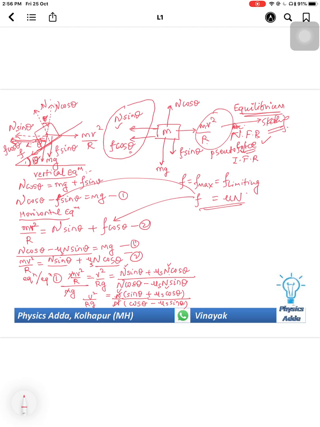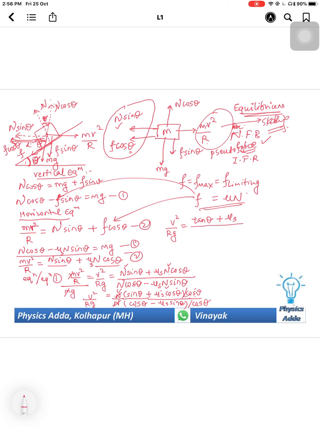If I am dividing both numerator and denominator by cos theta, what I'll be getting? v square by rg is equal to sin theta divided by cos theta, which is tan theta, plus mu s cos theta divided by cos theta, cos theta gets cancelled, and I'll be only remaining with mu s.